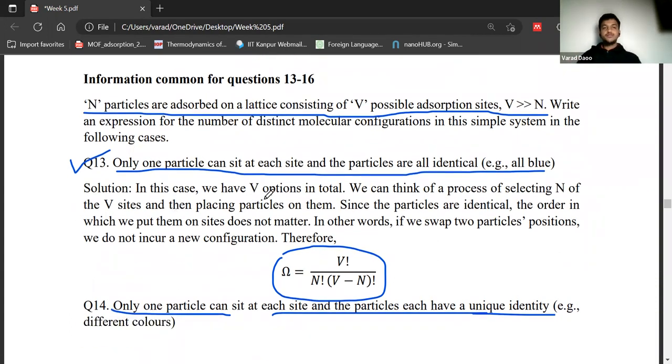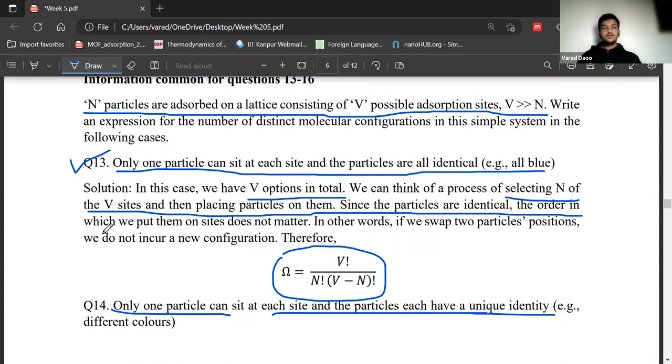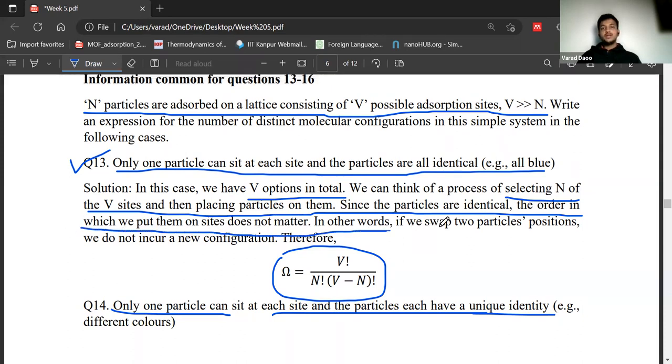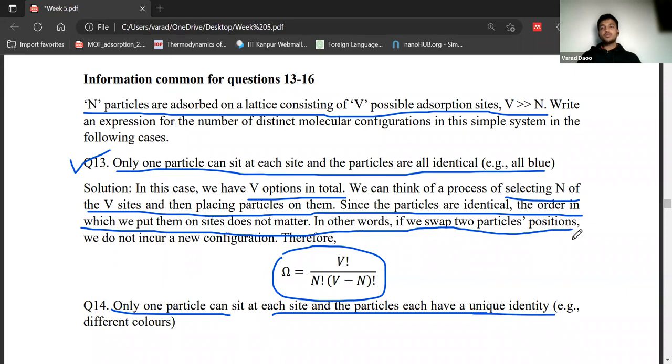So in this case, we have B options in total, right? We can think of a process of selecting n of the B sites and then placing particles on them. Since the particles are identical, the order in which we put them on the sites does not matter. In other words, if we swap two particles' positions, we do not incur a new configuration.